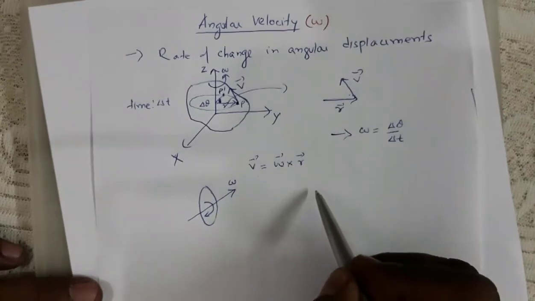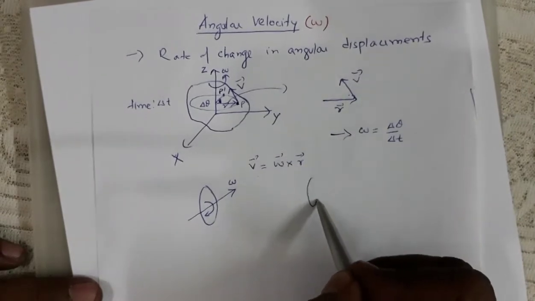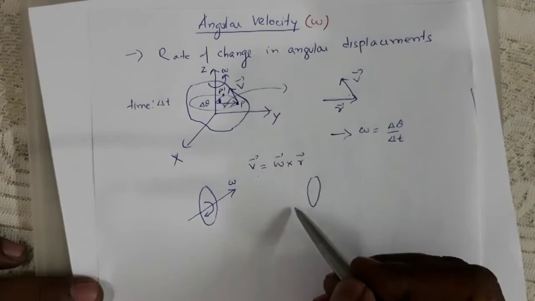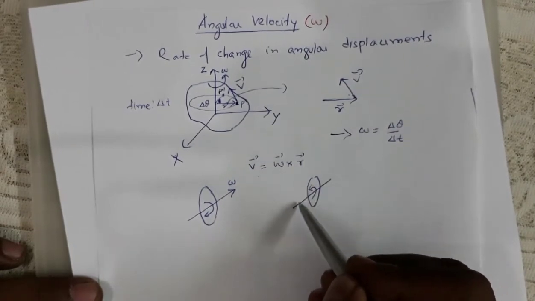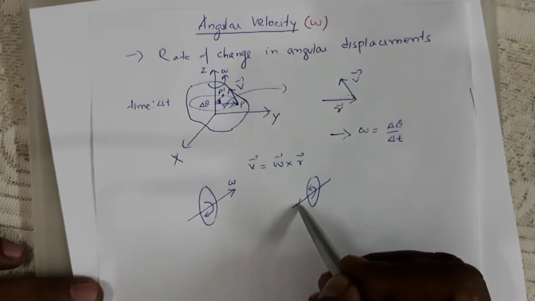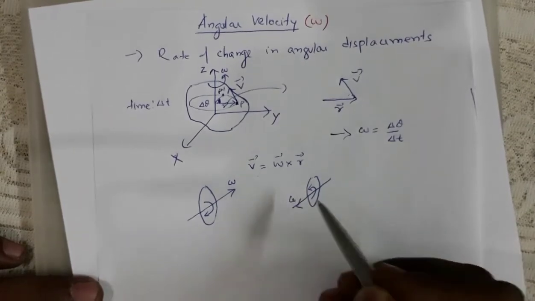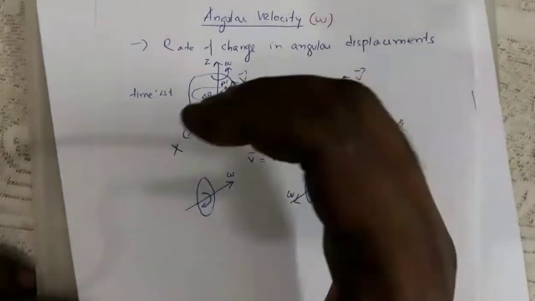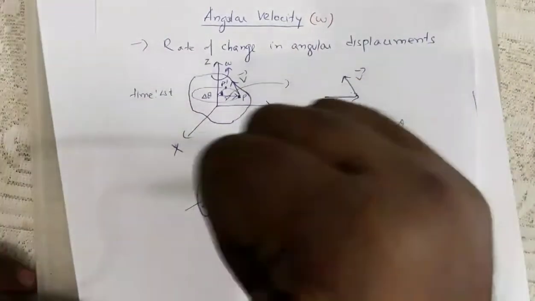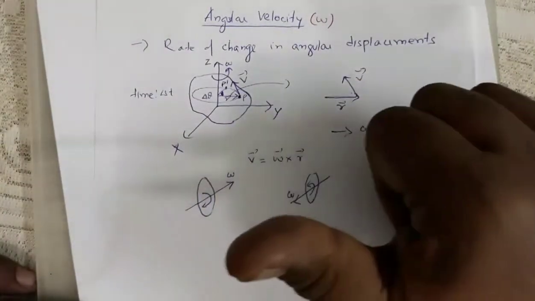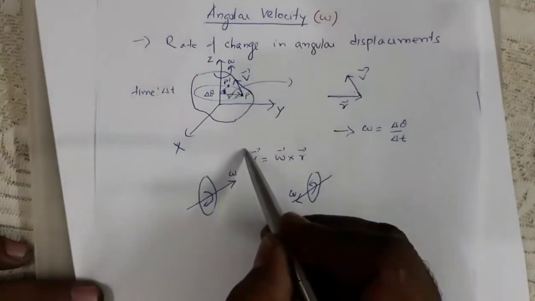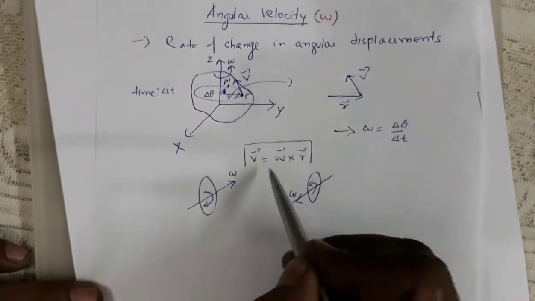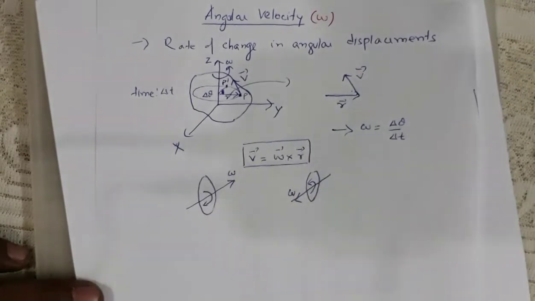Similarly, for the same disk, if rotation is in this direction, omega will be in this direction. So this is the relation between v, omega and r.